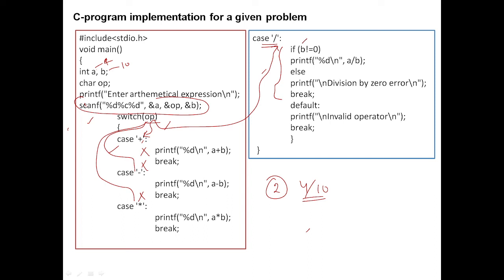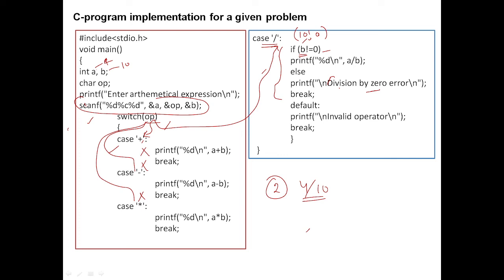So here, what is the value of B? The value of B is 10, which is not equal to 0. Suppose the value of B is equal to 0, then what happens? We will get a division by 0 error. So to avoid this error, we first check whether the value of B is not equal to 0.